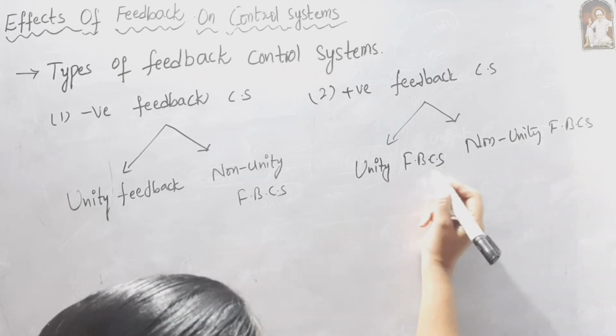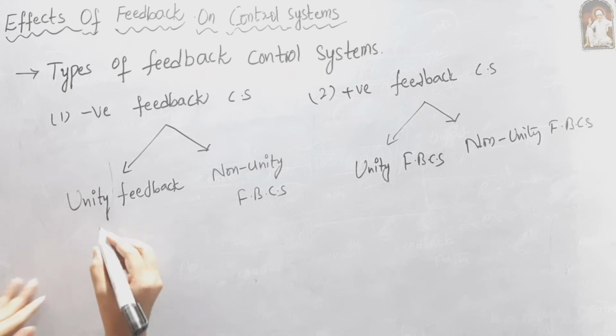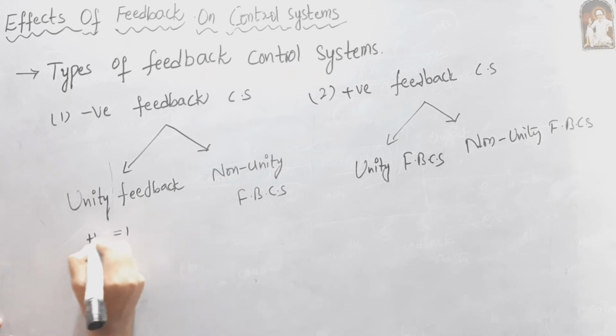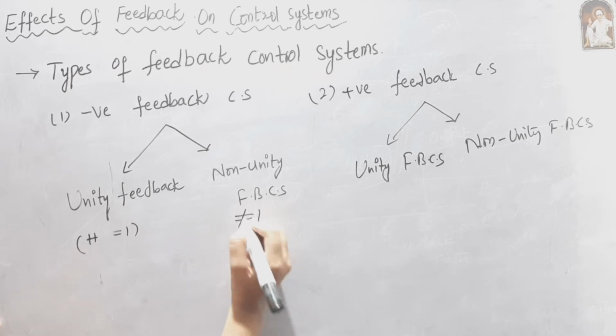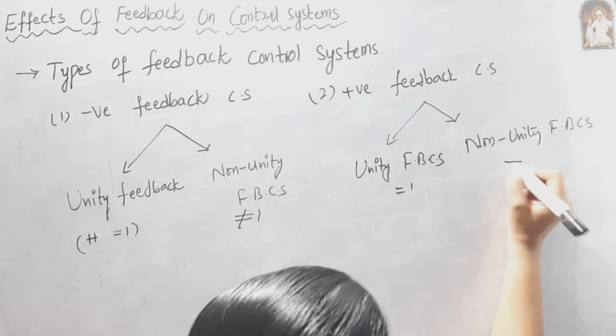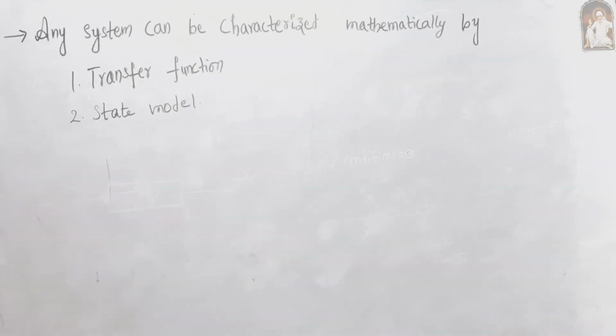Here FBCS means feedback control system. Unity feedback means H equals 1, and non-unity feedback means H not equal to 1. This is the classification of feedback control systems.